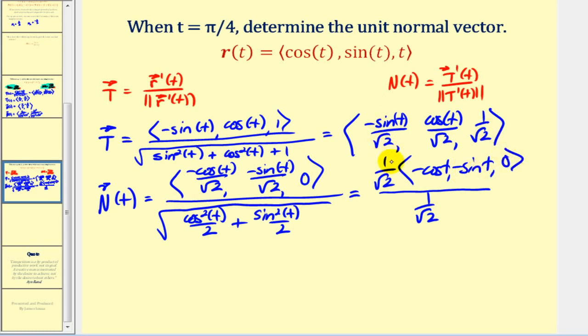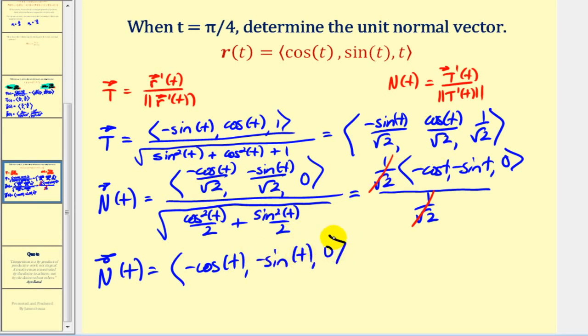Notice that this simplifies nicely. 1 over square root 2 divided by 1 over square root 2 simplifies out. So we have the unit normal vector valued function is equal to an x component of negative cosine t, a y component of negative sine t, and a z component of 0.